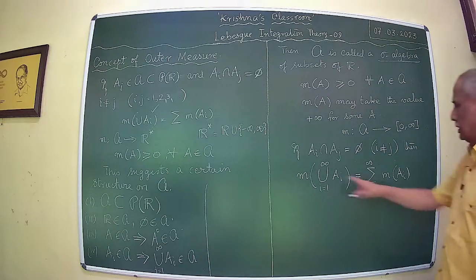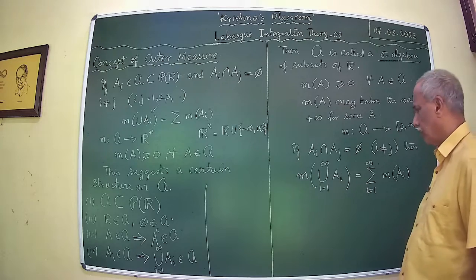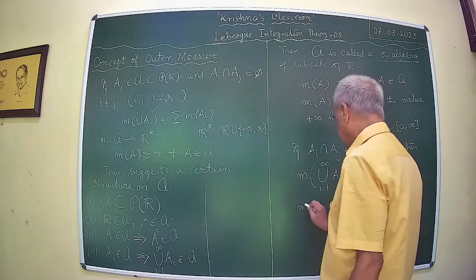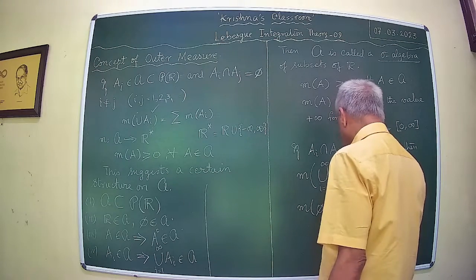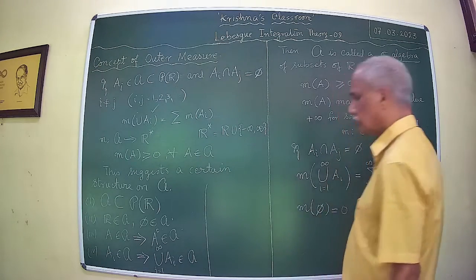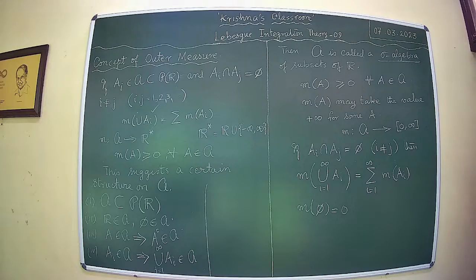Now this is a crucial property. Okay, and we should have necessarily m of phi equal to 0. So we are actually on the lookout for a function of this kind.